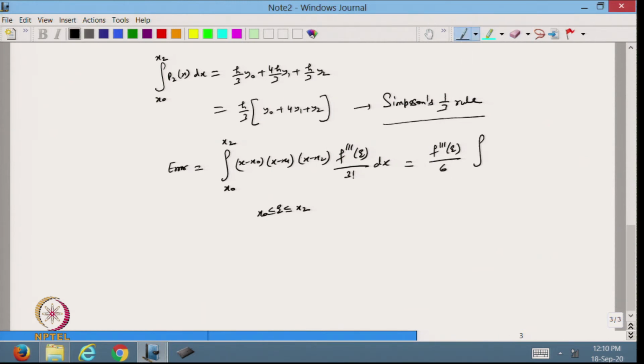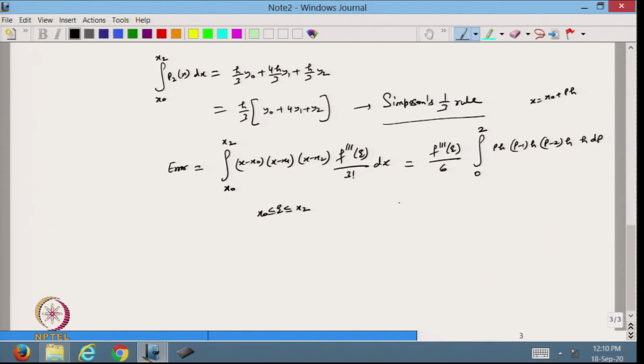Now, for this integration I can again take the substitution x equal to x0 plus ph. So, from here this is the integral from 0 to 2. x minus x0 is ph, this is (p minus 1)h, this is (p minus 2)h and this is h dp.